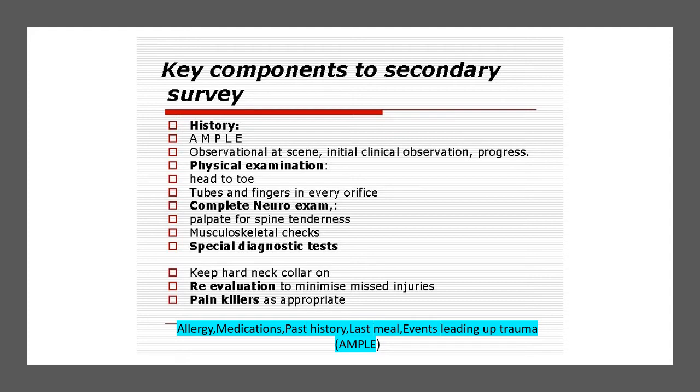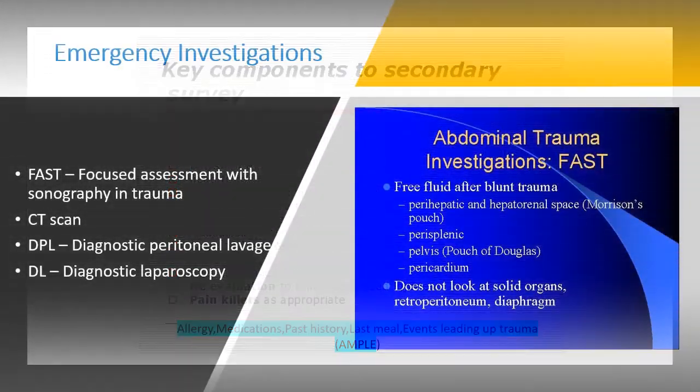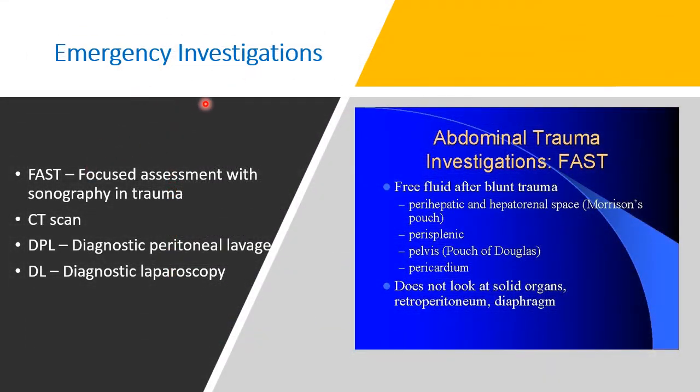Okay, now we come to the emergency treatment. Investigations. What are the investigations that we carry out for these patients? First, it is called FAST, which stands for Focused Assessment with Sonography in Trauma. So it's an ultrasound scan, emergency ultrasound scan.